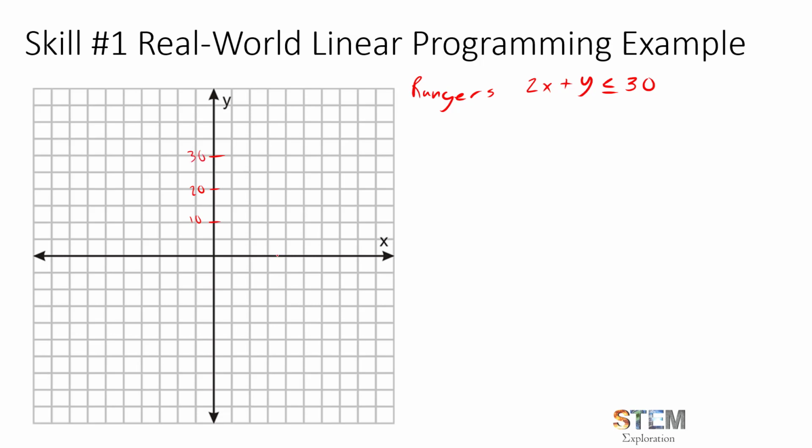And based on that, let's put the y-axis again as the training teams and the x-axis as the experienced teams. And based on this inequality, I could make up to 15 experienced teams or 30 training teams based on the information that I have here.